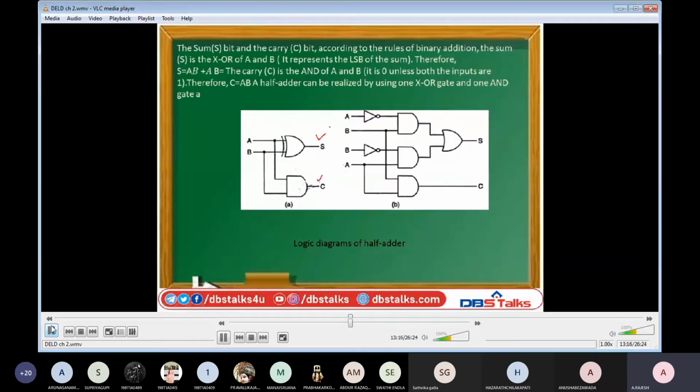So it can also be drawn like this. See here, what is this value?